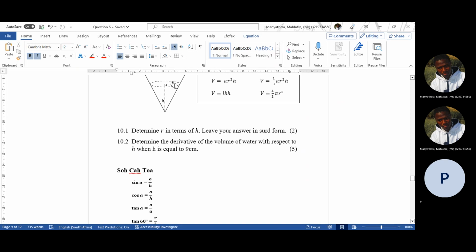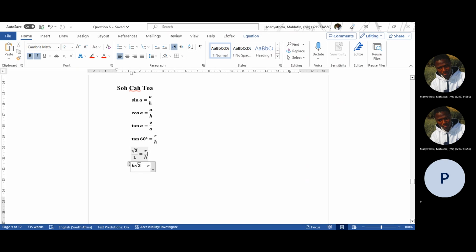Looking at this angle, this is our adjacent side. Oh, I see. It's supposed to be h over r, not r over h, because it's opposite over adjacent, not adjacent over opposite. Okay.